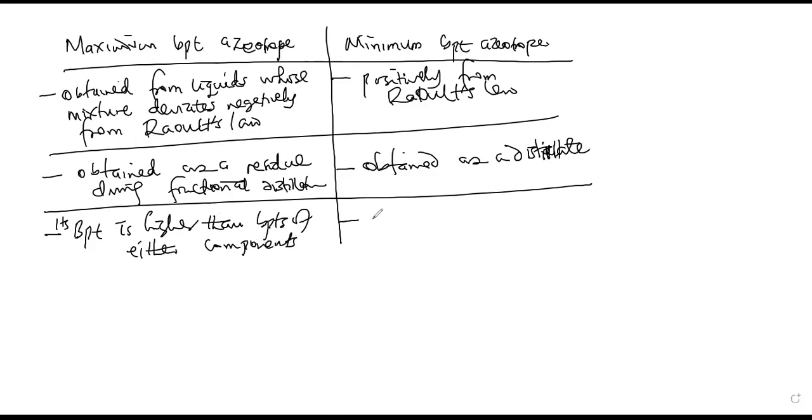But for this one, its boiling point is lower than the boiling points of pure components. So those are the differences between the azeotropic mixtures.